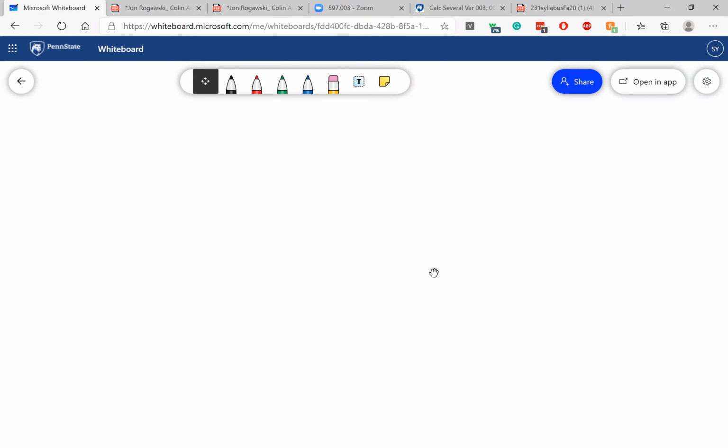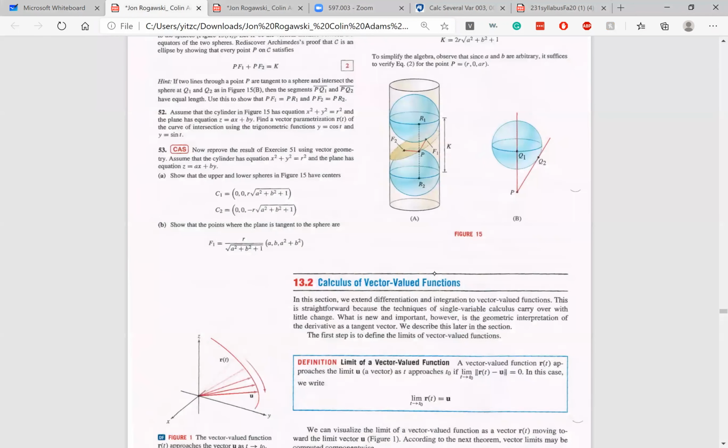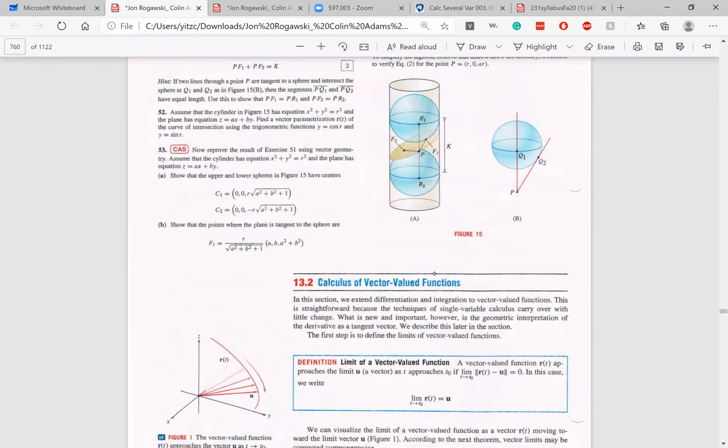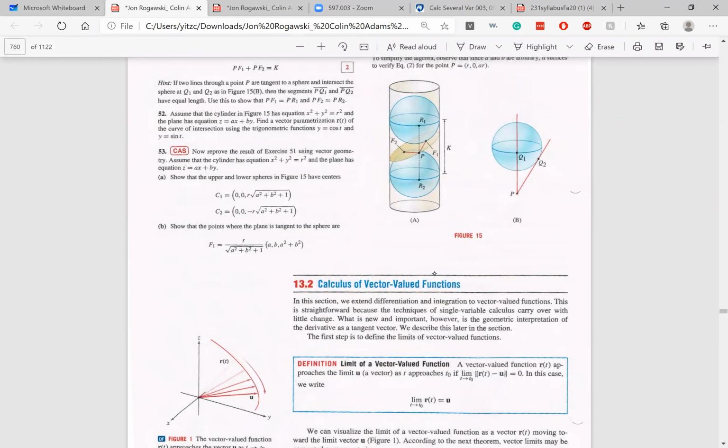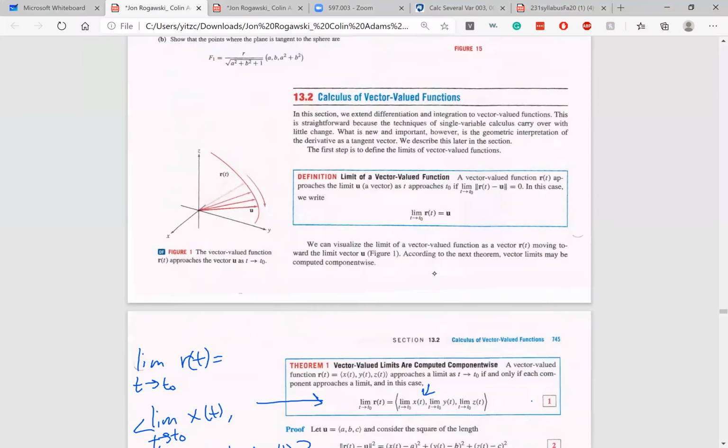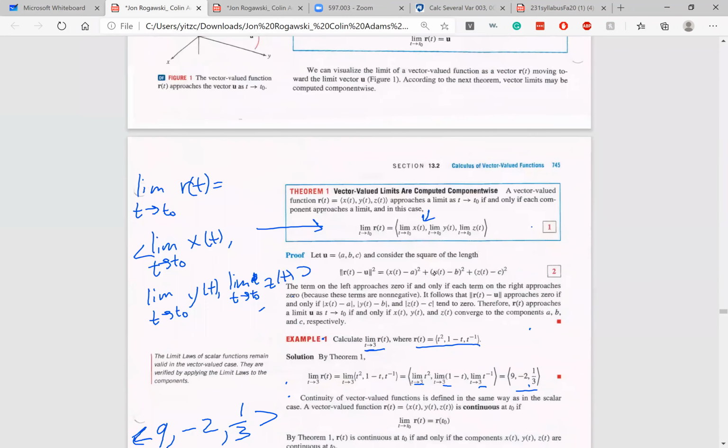So, last class we got up to the calculus part, so calculus of vector valued functions. And we said that, first, we have limits, the same way we had limits before.